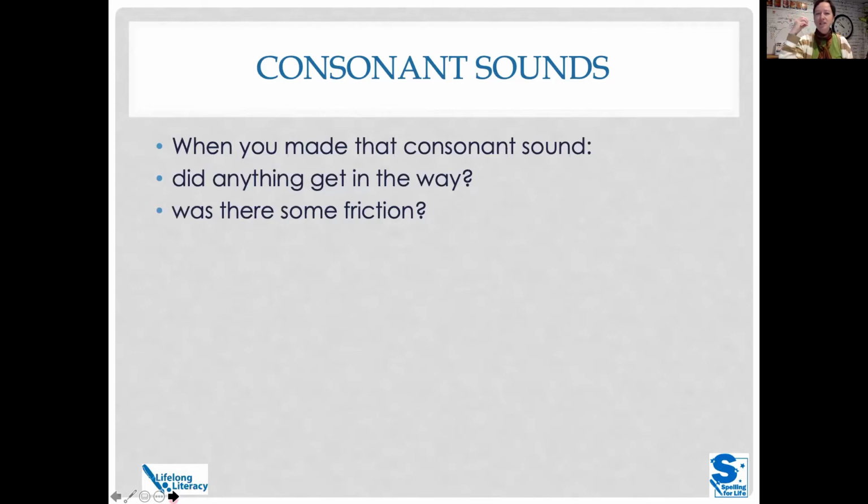Like, if you make the sound zzz that we did before, your teeth are getting in the way, but what you're doing is creating this hissing, like zzz and s and so on, right? So if the answer to either of those questions is yes, then what you have is a consonant. Something got in the way, or you're creating friction like that. That is the linguistic definition of the consonant.